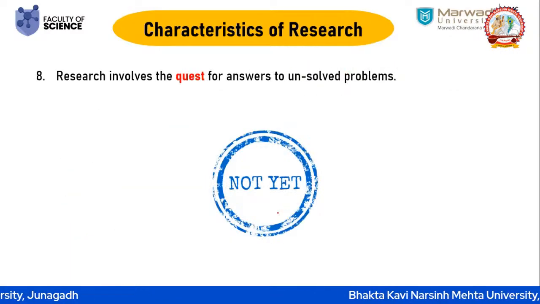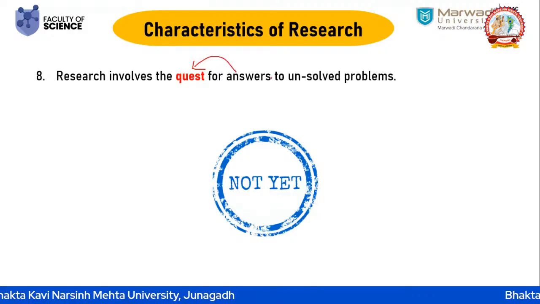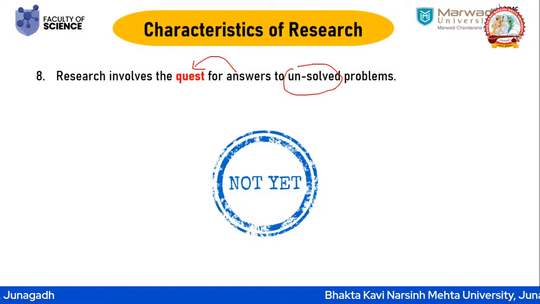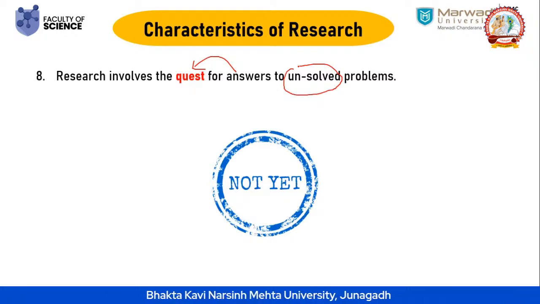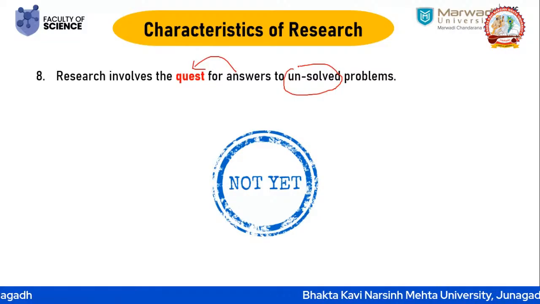But the thing is that the answer should be from a question which is not solved yet. It means whatever research problem you have identified in your research, it should be new. Then and only then it's considered research. The base of that research might be very well known.